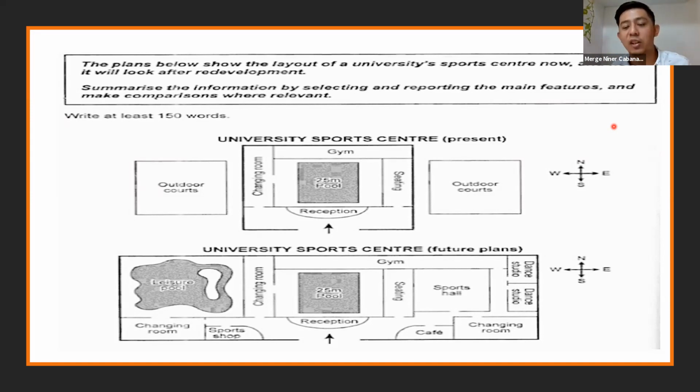That is actually best included in the second sentence. So you just have to give a brief description of what the topic is. It's about presenting a map, and the map is the university sports center. And what do they compare? They compare the present and the future. It's a good take that you did, but honestly, it needs more time to become more polished.